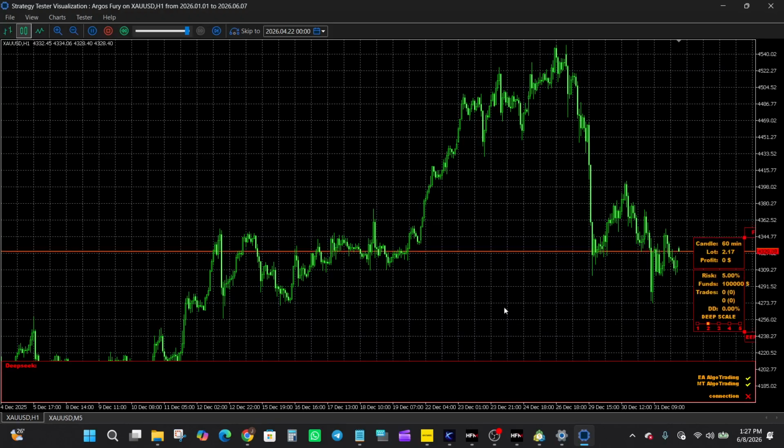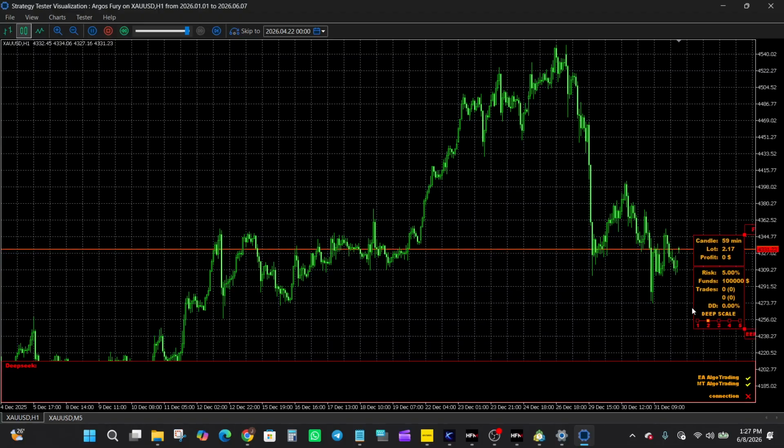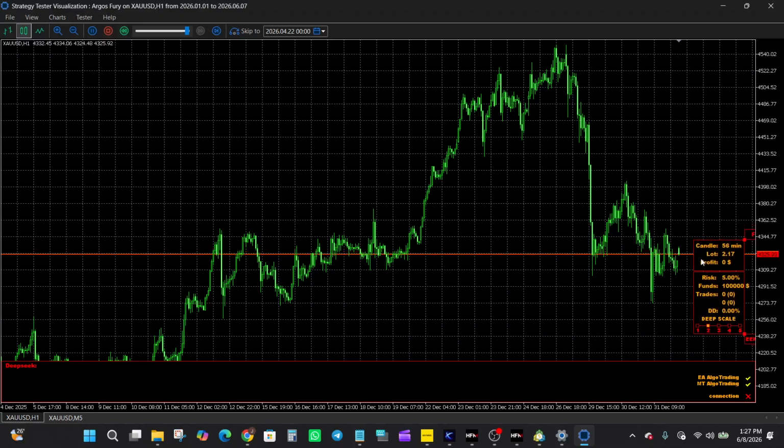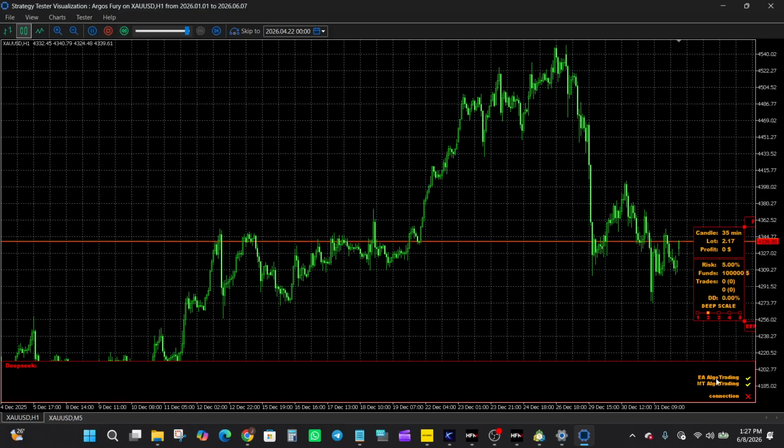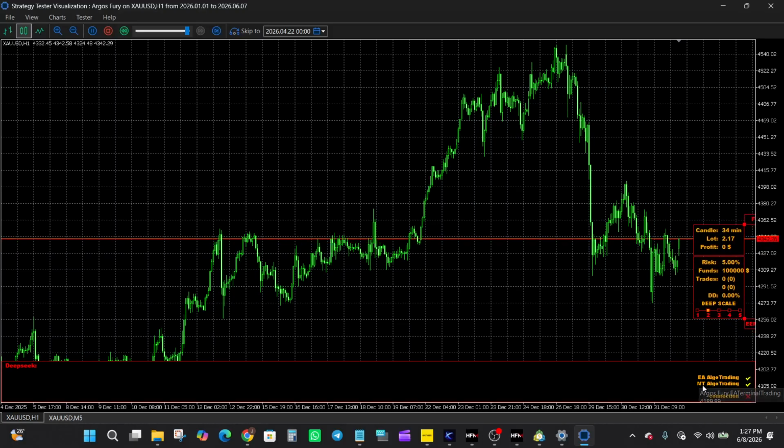All right, so we can see here the EA in action, and you can see this dashboard here shows candle, lot, profit, risk, funds, trades, drawdown. And then here you can see your algo trading, MT algo trading.